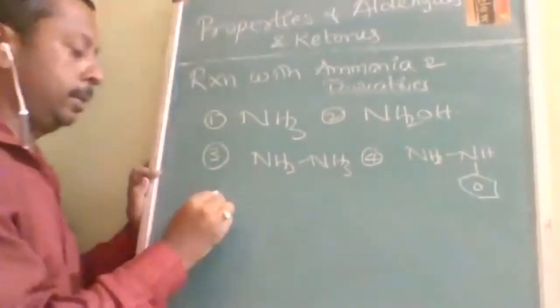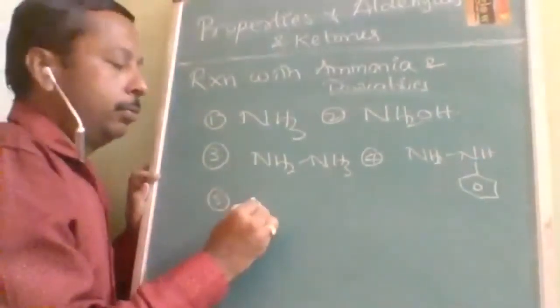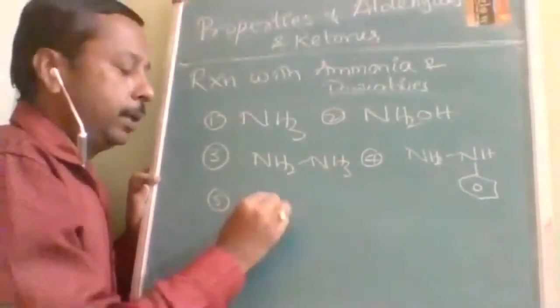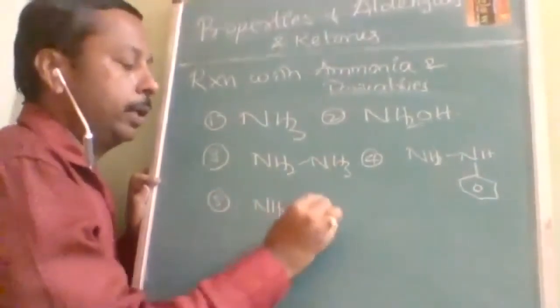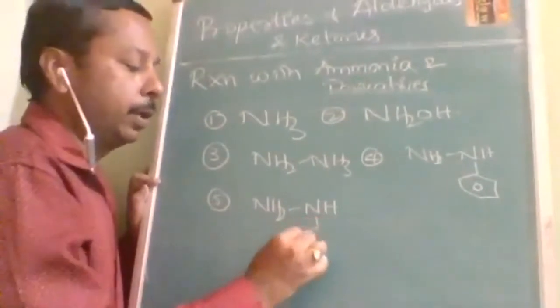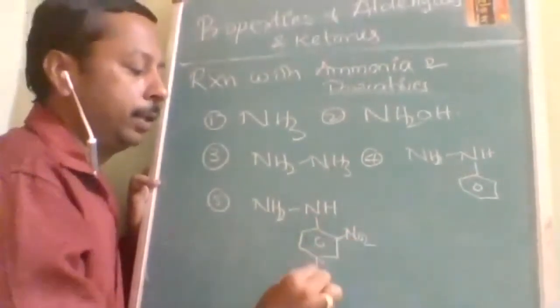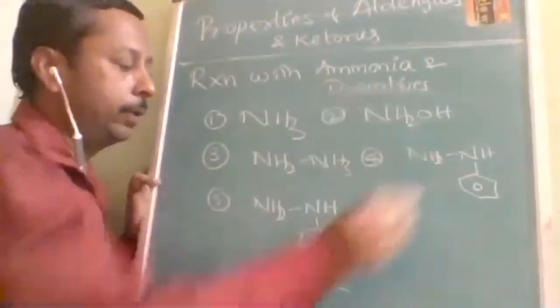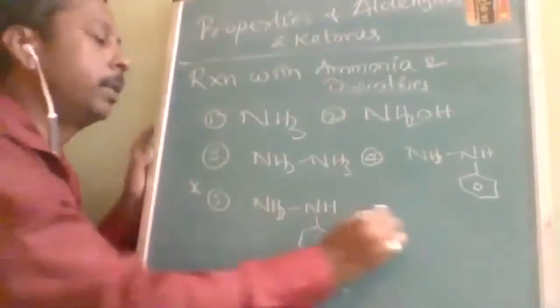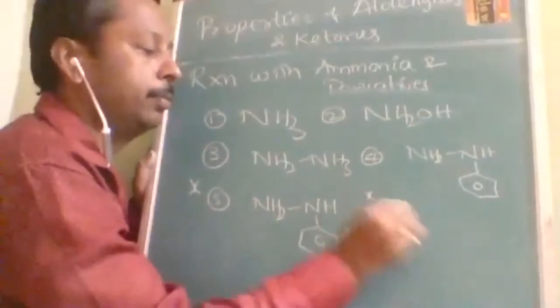Next is 2,4-dinitrophenylhydrazine, NH2NH, which is treated as 2,4-DNP. Out of all, this is most important.